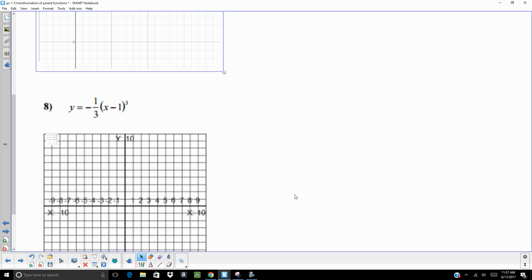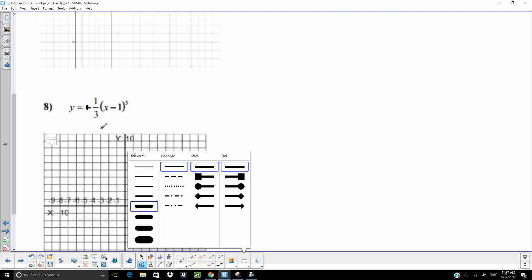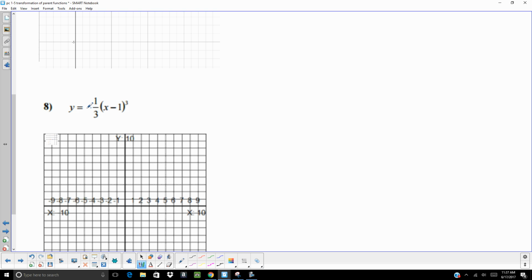On the next one, I've got a cubic function. I notice I have that negative sign. Actually, let's ignore the negative sign right now. We'll just concentrate on that 1/3. That negative sign has gone away, so we're not going to worry about that, but it would have been a flip otherwise.